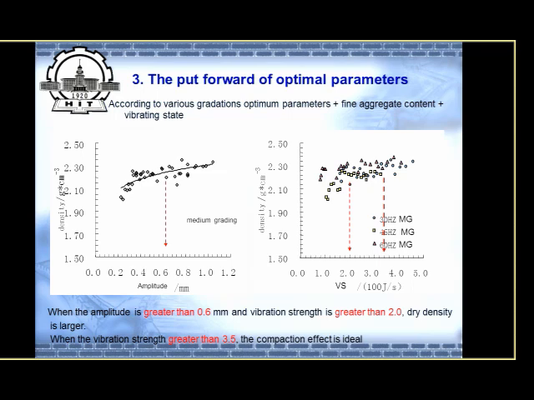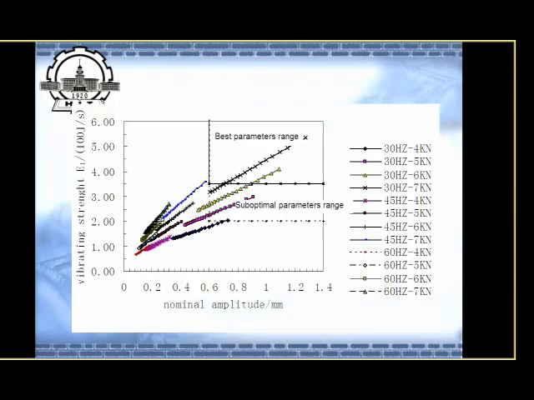If the vibrating strength is greater than 2.2, we can find the density is bad, and greater than 3.5, the result is ideal. So, according to the threshold of the vibration parameter, we get the best parameter range. From this range, one can get the best vibrating parameters.